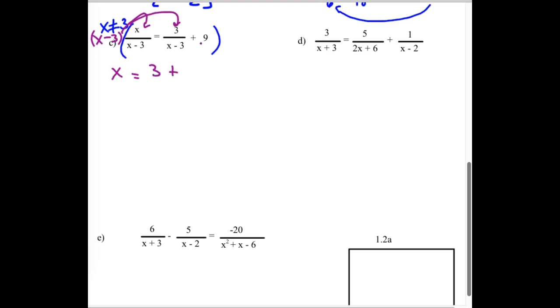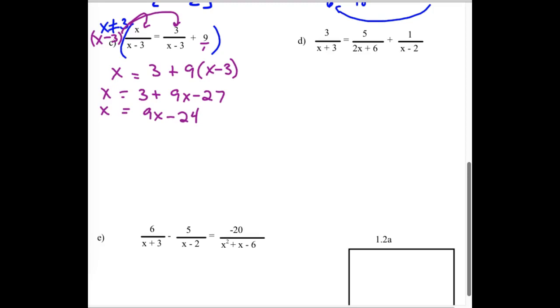But the 9 just has a denominator of 1, so nothing's going to be able to drop out. We end up having to take 9 times the x minus 3. Distributing, we get 9x minus 27. Combining the 3 and the negative 27 gets me 9x minus 24.